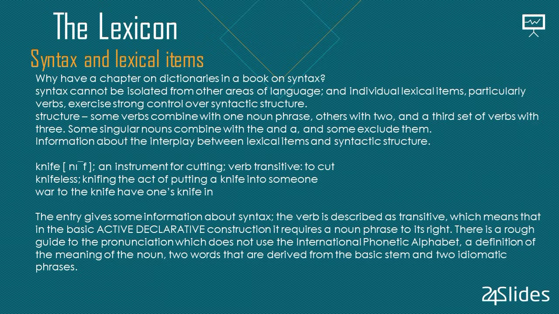The verb is described as transitive, which means that in the basic active declarative construction it requires a noun placed to its right. There is a rough guide to the pronunciation, which does not use the International Phonetic Alphabet. There is a definition of the meaning of the noun, two words that are derived from the basic stem, and two idiomatic phrases.